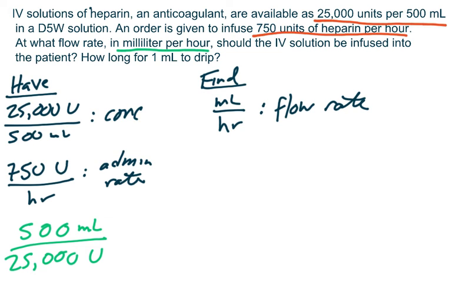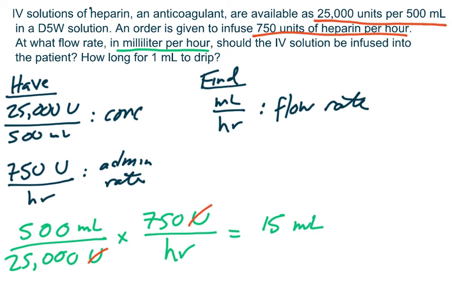And then we want hour on the bottom, and that only shows up in admin rate. And quite nicely, that also means that units will cancel out. And we will end up with milliliters per hour. And you will give your patient 15 milliliters per hour.